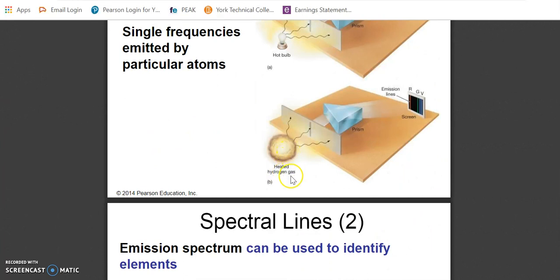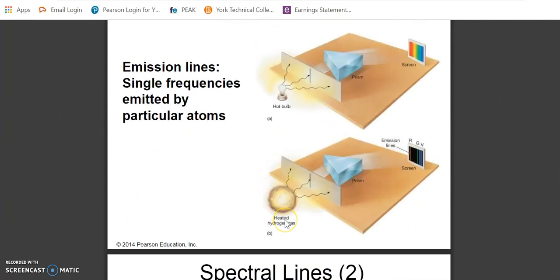If we heat a certain type of gas, as shown right here, the electrons in the gas get excited, and they can only be excited for a short amount of time, then they drop back down to a lower state. When they do that, they emit only certain colors of light, and they're showing you this over here on the screen.